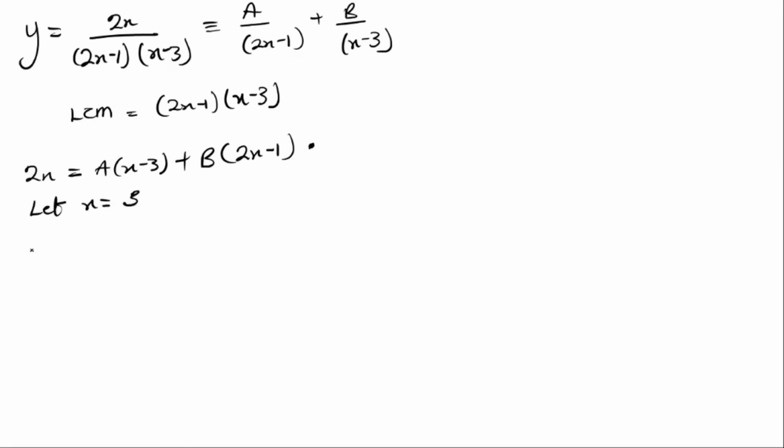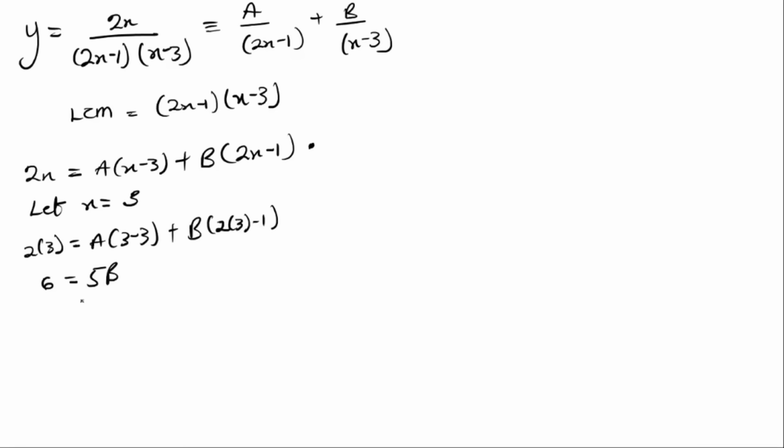Now when x is 3, we have 2 into brackets 3 is equal to a into bracket 3 minus 3, then plus b into bracket 2 multiplied by 3 minus 1. Okay, so we get 6 is equal to, this is now nil, becomes 0. Then we have 2 multiplied by 3 is 6, minus 1 is 5. So we have 5b.